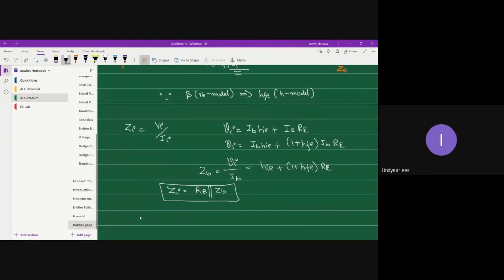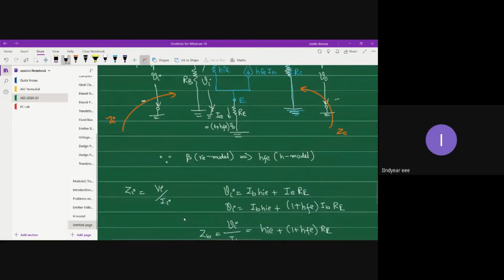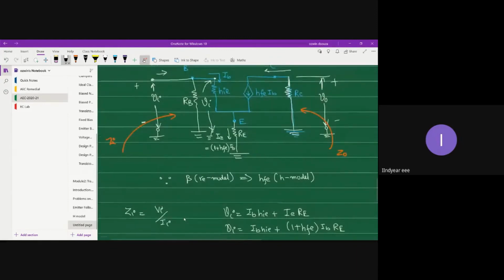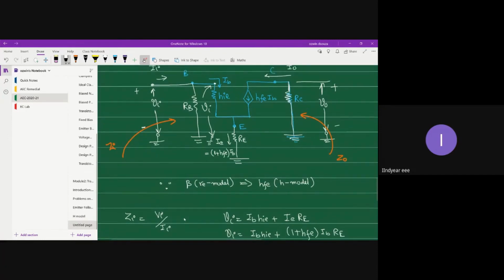All right, so that's your input impedance. Next up, we have output impedance Z0. You can actually try to find output impedance Z0. What you will do is try to open circuit the current source.